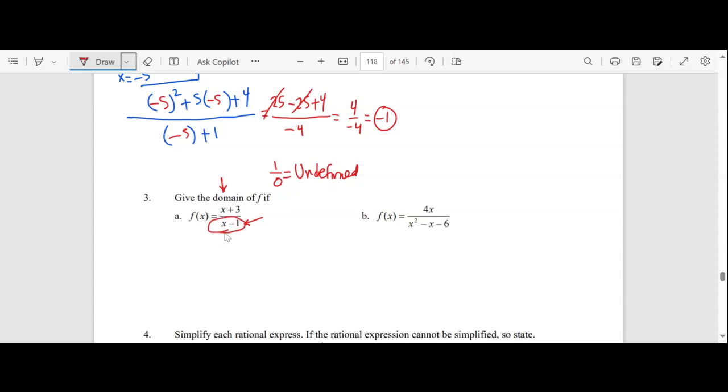So what value will make this 0? 1. How did I know it's 1? All you have to do is make it equal to 0 and then say x equals 1. So x cannot be 1 because it's going to give you 1 plus 3 over 1 minus 1, which is 4 over 0. That's undefined. Is this clear?